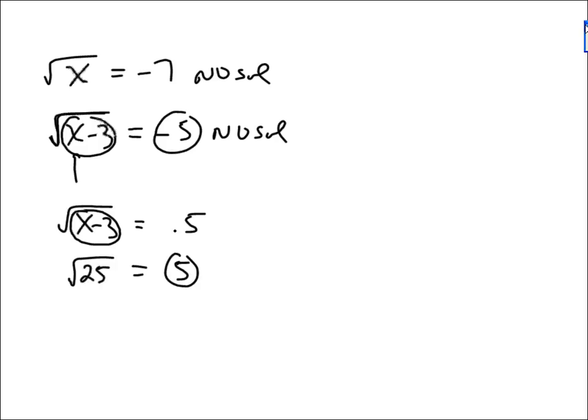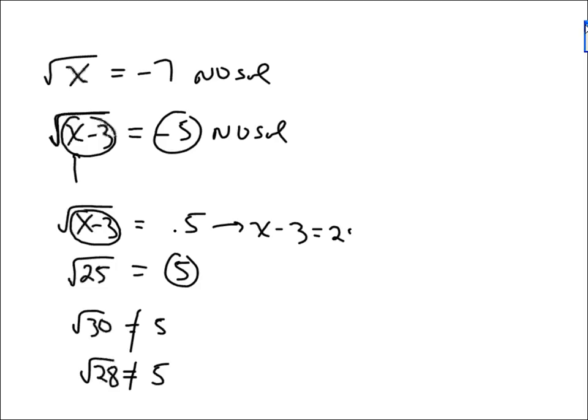After all, if it were 30, then it would say the square root of 30 equals 5, which is not true. And if x minus 3 was 28, it would say the square root of 28 equals 5, which is not true. X minus 3 must be 25. You add 3 to both sides. You conclude x is 28.